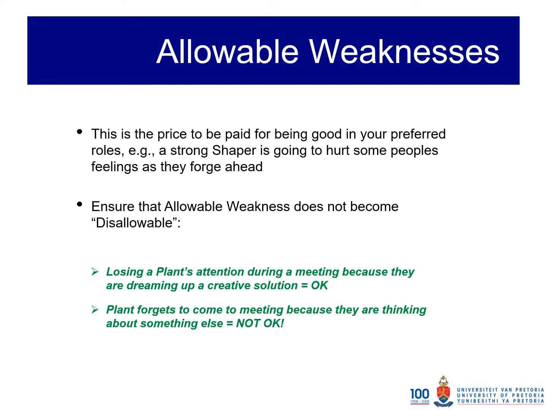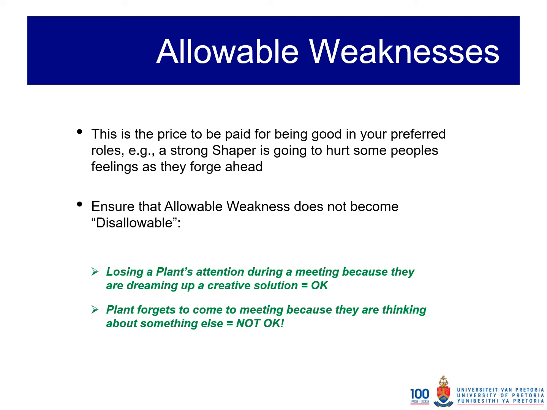Now, it is important, if you read through the roles, and particularly your own role, that you take a look at the allowable weakness, and you try to prevent it from becoming more than allowable. I mentioned one example: a plant can easily lose their attention.